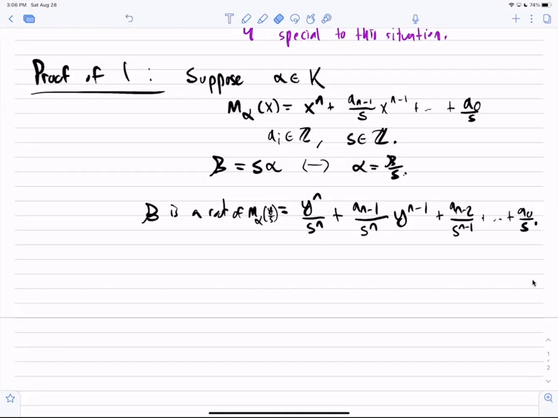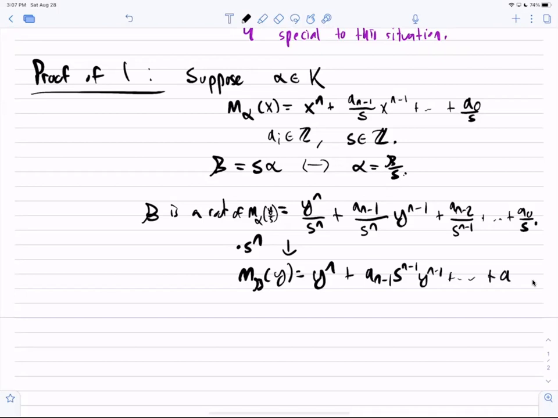Okay, so this is a polynomial of which beta is a root, but then we just multiply it by s to the n, and I get m beta of s of y is equal to y to the n plus a n minus 1 times s to the n minus 1 times y to the n minus 1, and so on, a naught times s to the... sorry, this is supposed to be times s.